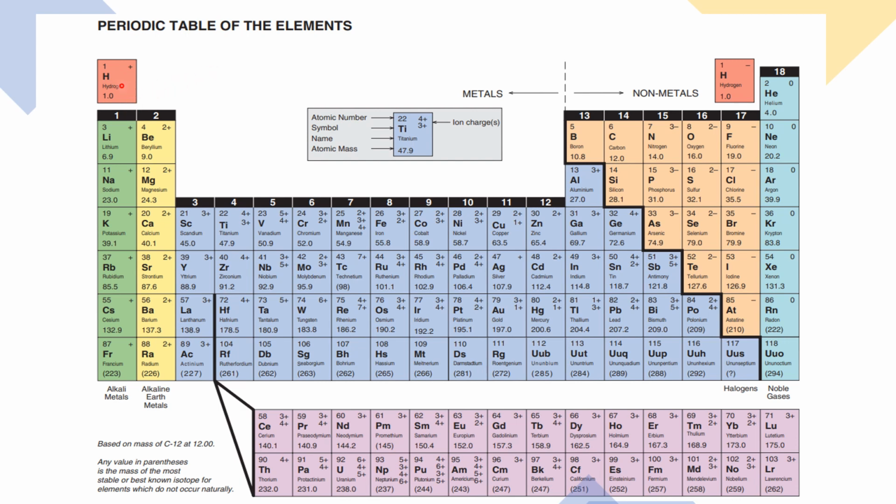Hydrogen has atomic number 1, helium atomic number 2, lithium atomic number 3, and so on continuously all the way up to 118. These elements are arranged in order of increasing atomic number. This is the principle of the modern periodic table.